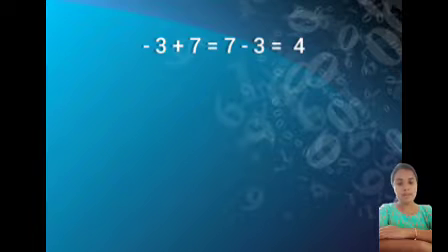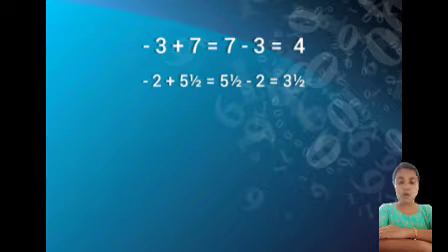We can also solve computations like minus 3 plus 7 is equal to 7 minus 3 is equal to 4. The next question, minus 2 plus 5 1/2 is equal to 5 1/2 minus 2 is equal to 3 1/2.